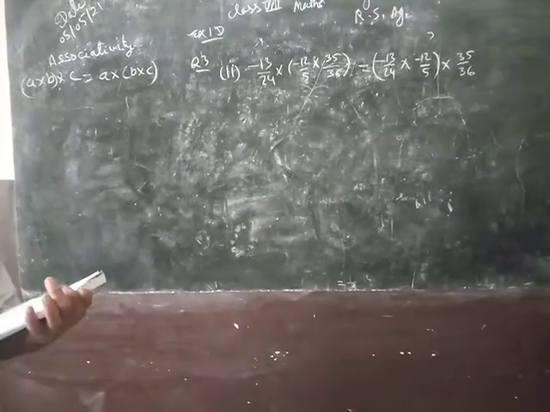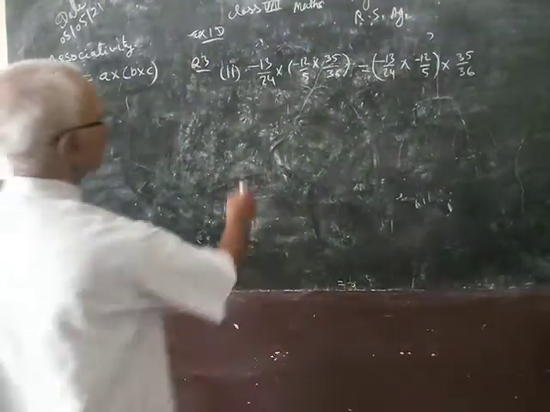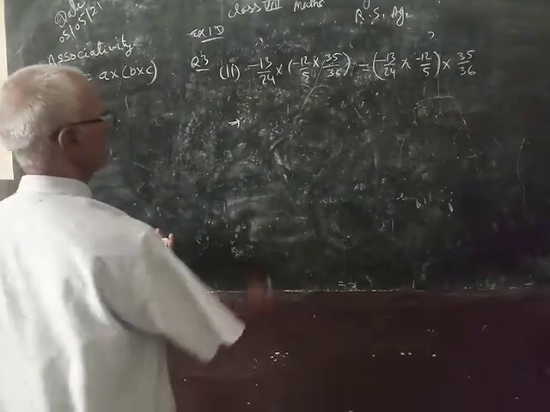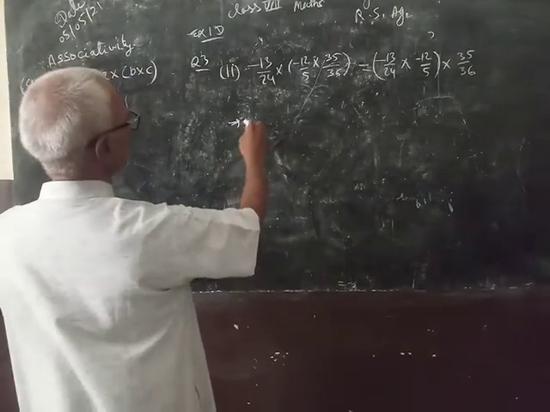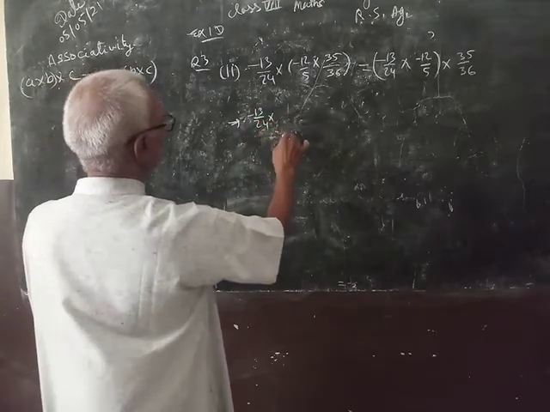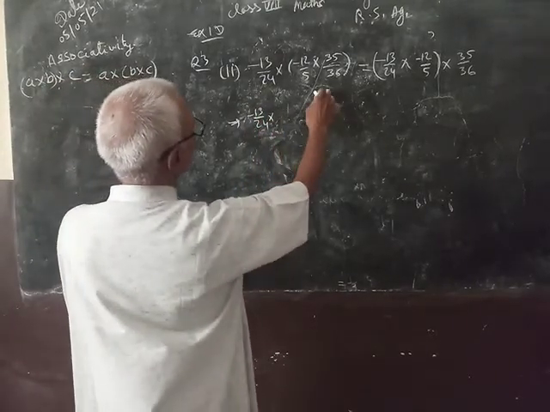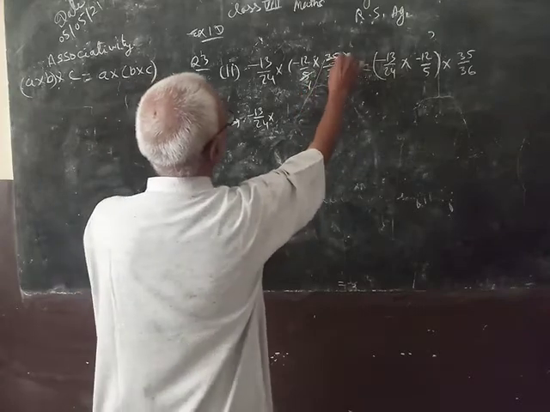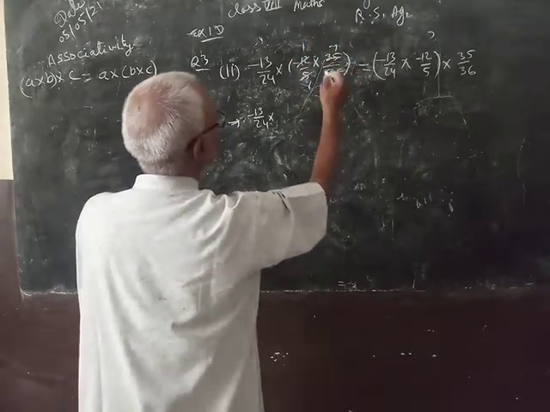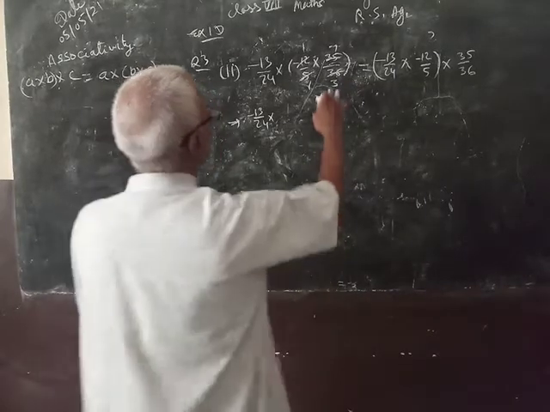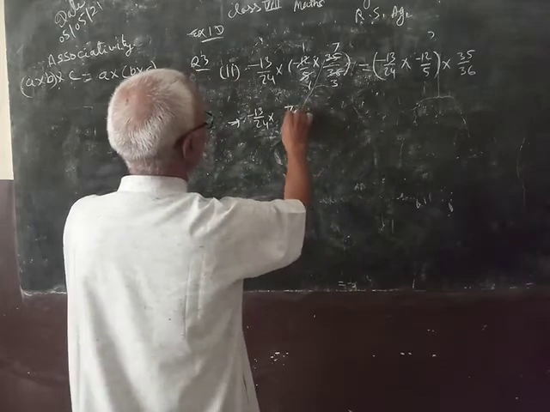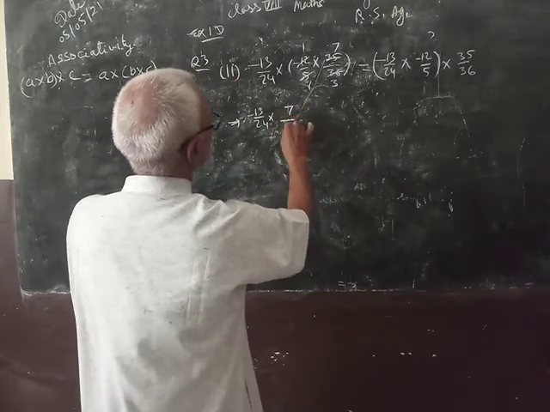We have to verify. So you can verify by writing right hand side, left hand side, or directly. This implies minus 13 by 24 into, here 5 1 ja, 5 7 ja, 12 1 ja, and 12 3 ja. 1 here is 7. So it is into 7 by 3.